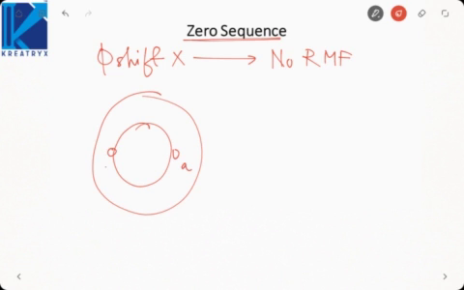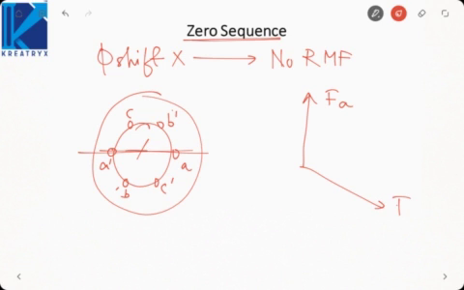This is A dash, B dash, C dash. That means the axis of A is upwards, perpendicular to this. Then the axis of B will be at 120 degrees to this, that is FB. The axis of C will lie along this.